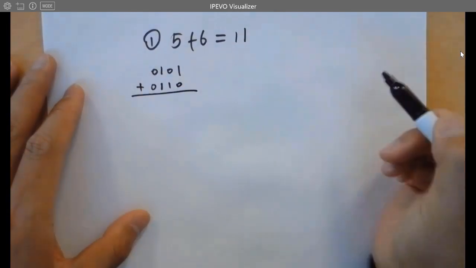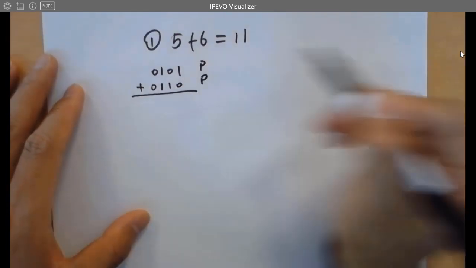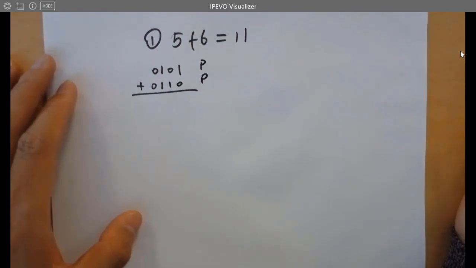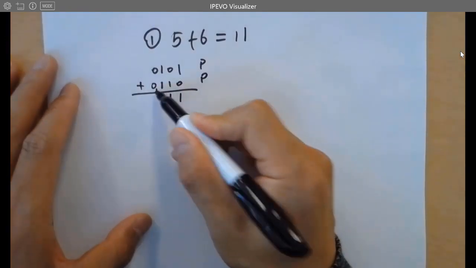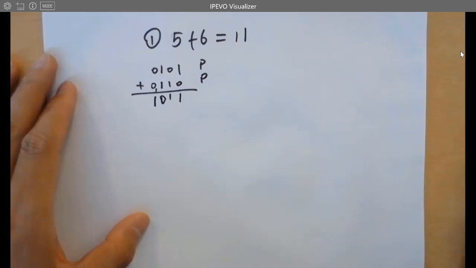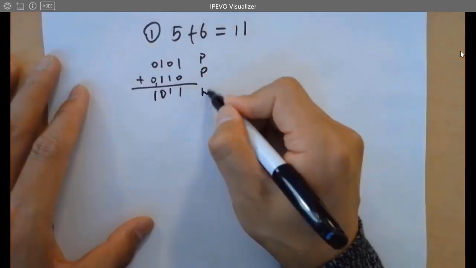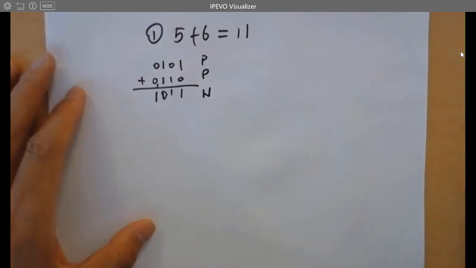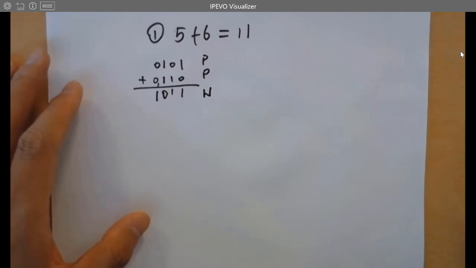What's the result? You have P, you have P. There's a chance to have an overflow. It can be 1, 1... Uh-oh. What's happening? P plus P, I got an N. It's not right.